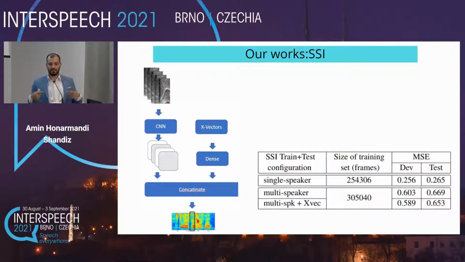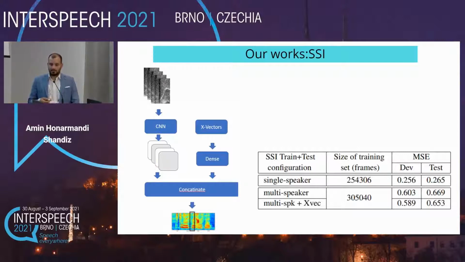But for concatenating them together, because our input features are ultrasound frames, which are images, but X vectors are not images, we feed them to two different layers. One layer for the X vector went to a dense layer, and another went to a convolutional neural network, which was a 3D convolution network. Then these two are concatenated together, and after some processing, this produces mel-spectrum features.